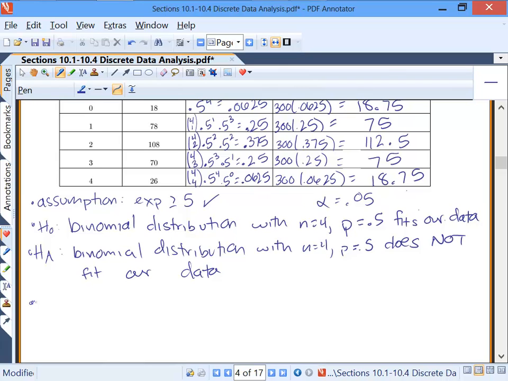What comes next in our hypothesis test? Our test statistic. Okay, the formula for that again is observed minus expected squared divided by expected, and add them all up.